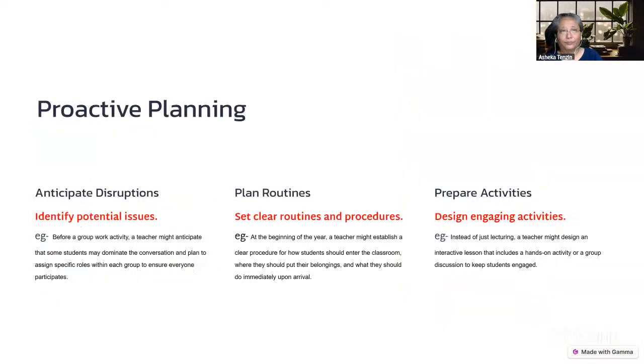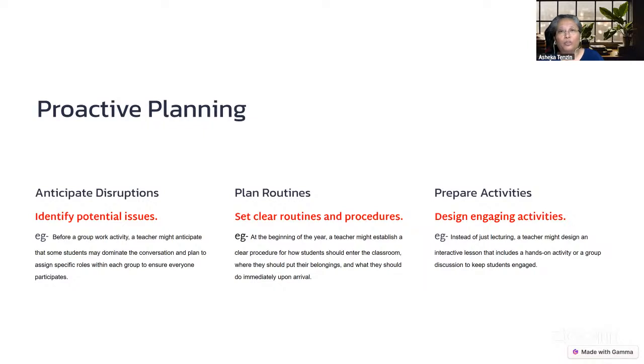One more very important thing to ensure that there is proper behavior or classroom management is to plan proactively. When you are planning, you should anticipate that there may be potential issues during the class and there may be disruptions. So, for example, before a group activity, you might anticipate that the students may dominate the conversation.